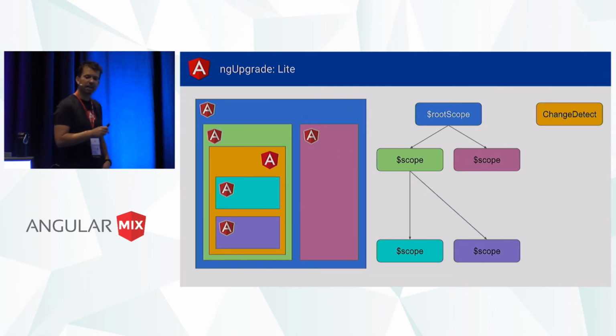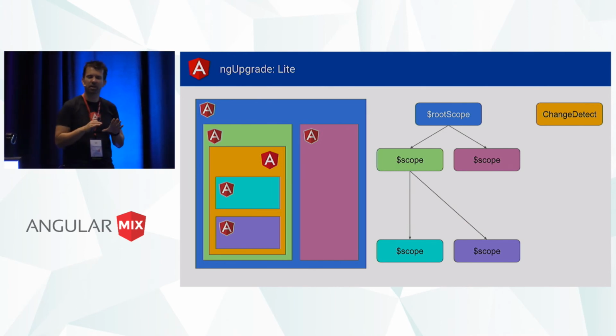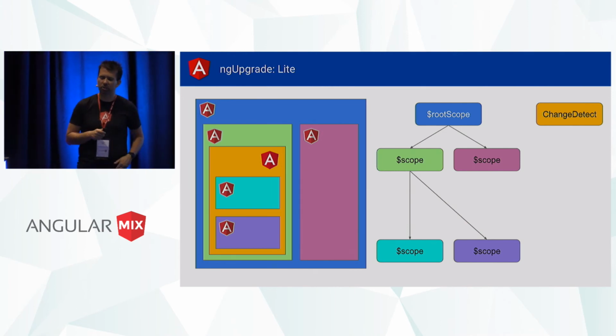On the other hand, if you do ngUpgrade Lite, now this particular component is still in the same location in the UI. The UI hasn't changed at all, but it has a separate lifecycle basically for itself. And it runs its change detection separately from the change detection of the application. This is why we're saying that now it's more like two separate applications on the same page that are independent of each other.